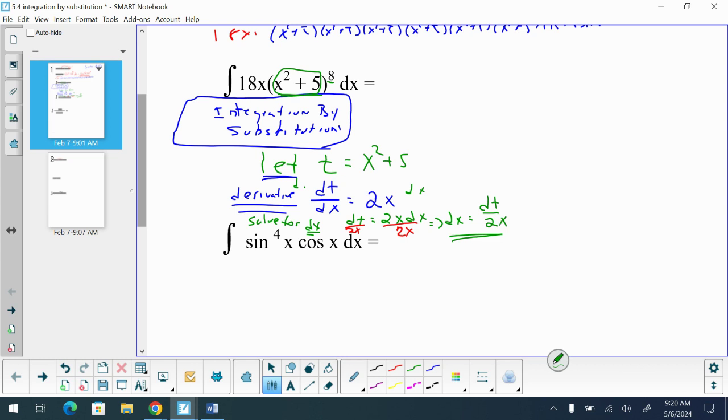So dx is equal to dt divided by 2x. And once you do a few of these, what you'll see is whatever the derivative is going to go to the bottom, and the dx is going to come up here. And that will always be the case.